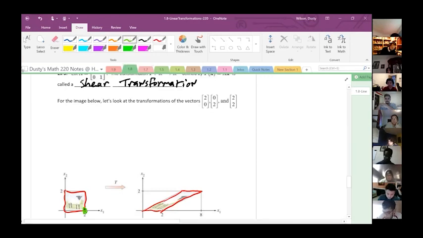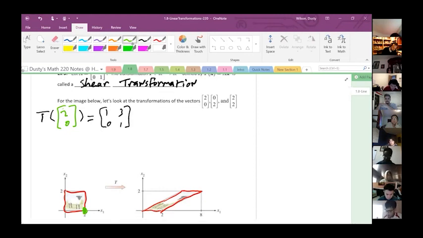So let's think about this first point here. We could look at T and put in vector 2, 0 and ask ourselves what happens. So we would get out 1, 3, 0, 1 times 2, 0.